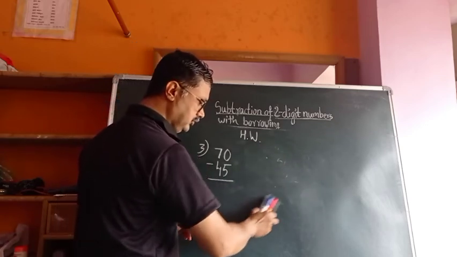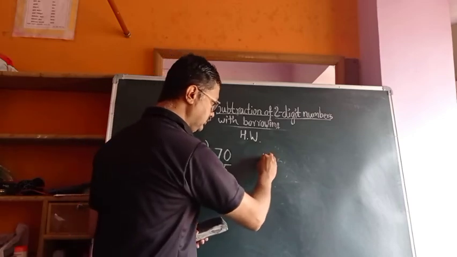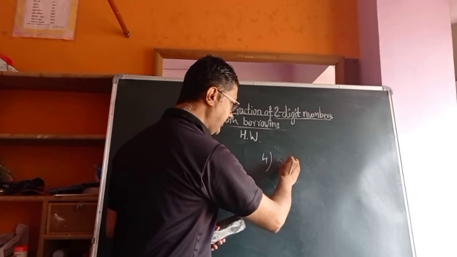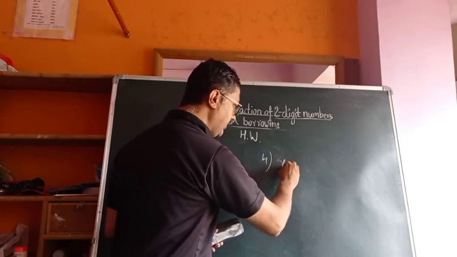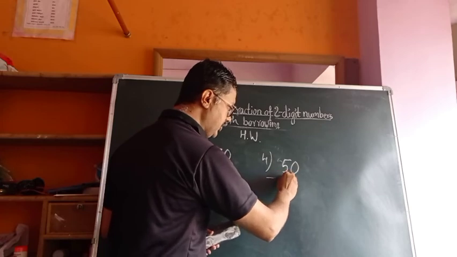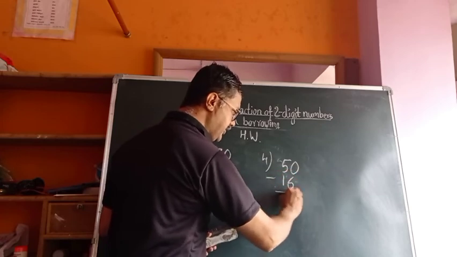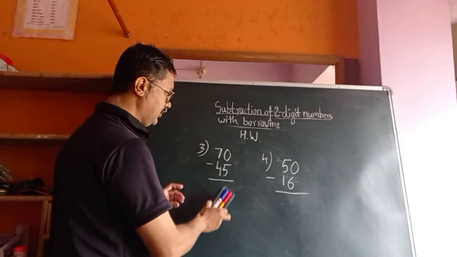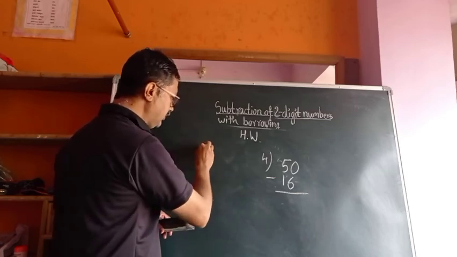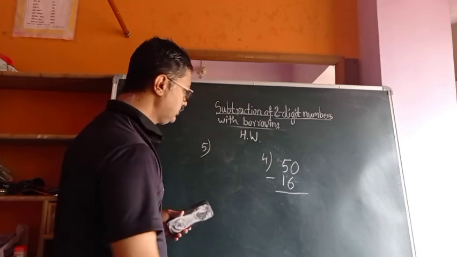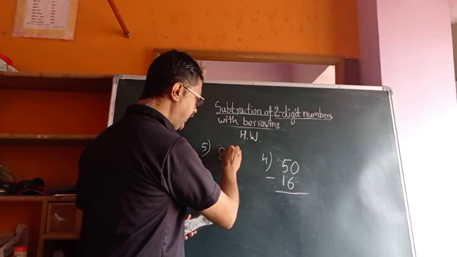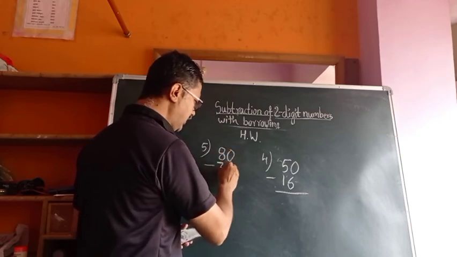Fourth one, 50 minus 16. Fifth one, 80 minus 39.